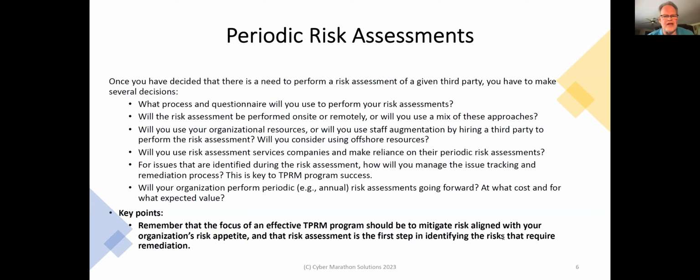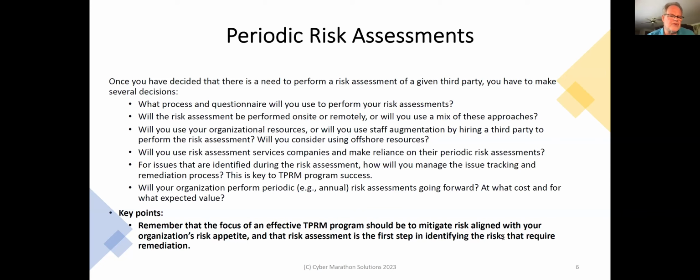Have you allowed for flexibility in your risk assessment process that will allow you to selectively focus on the areas that you need to concentrate on for a given relationship? Because, depending on what that third party is doing for you, you may not need to cover certain parts of a risk assessment questionnaire.